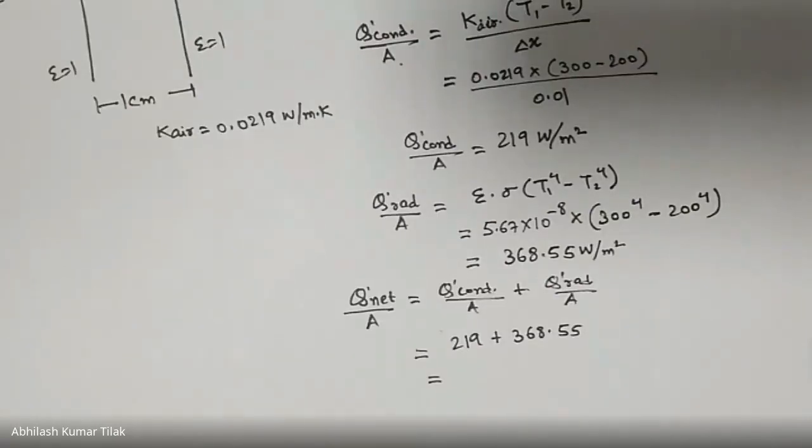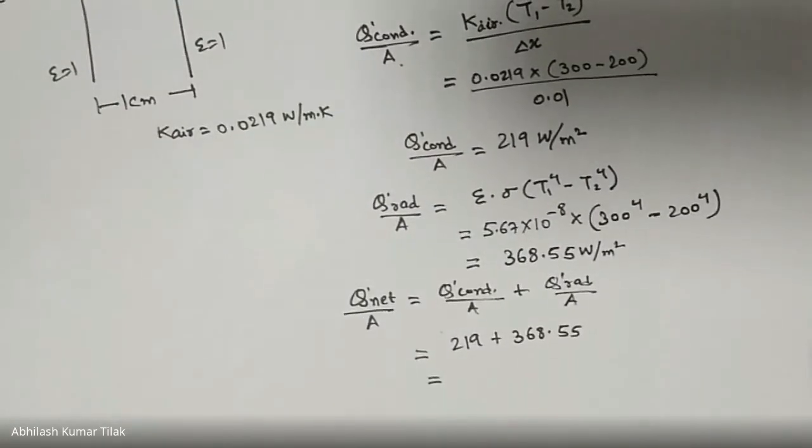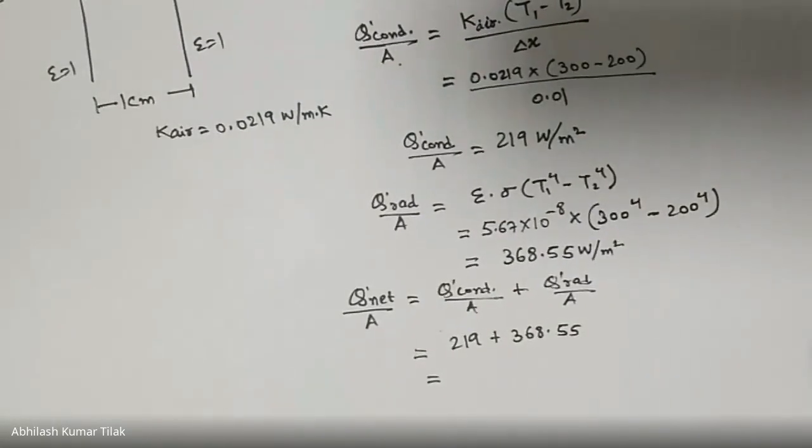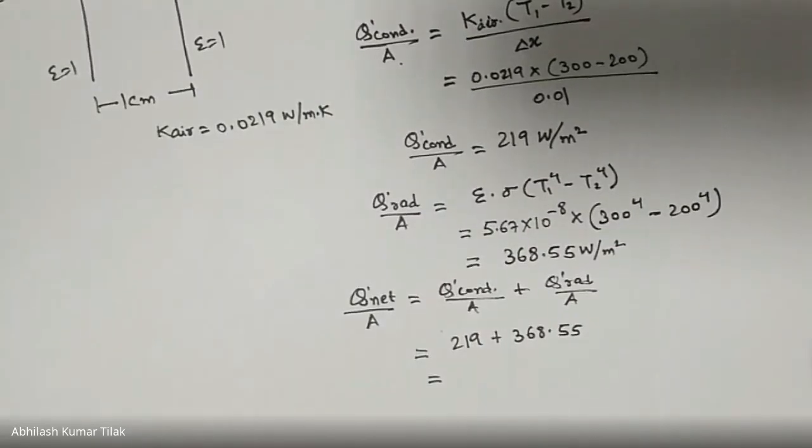Joshi is asking, sir, why are the values so different considering the temperature of the plate is constant? Because one is by conduction and another mechanism is by radiation. So we are just calculating by two different mechanisms what the value for the heat transfer would be.